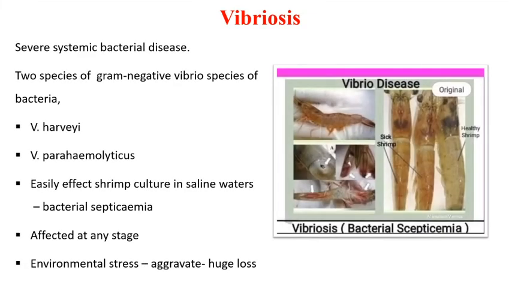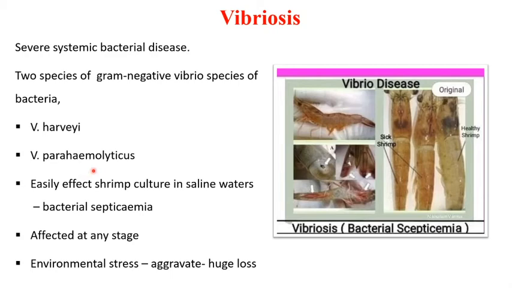So let us start with a very important disease, vibriosis, causing huge loss to the shrimp industry. Vibriosis is a severe systemic bacterial disease affecting the whole body. Two species of gram-negative Vibrio bacteria, Vibrio harveyi and Vibrio parahaemolyticus, are responsible for this vibriosis.